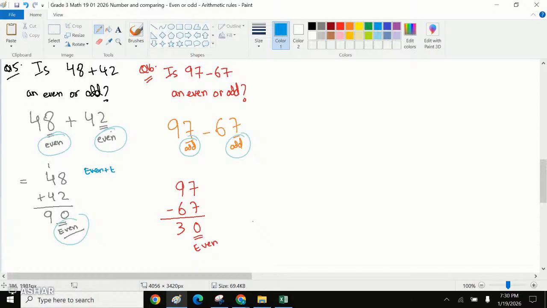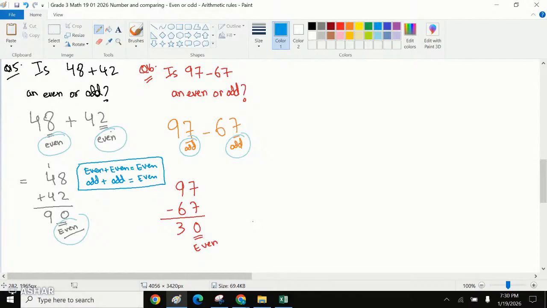even plus even would be even. Agreed? Odd plus or minus odd would again be even, right? So if both of them are the same, the result is even. Yes, thank you, May. Anything that ends with 0, 2, 4, 6, 8 is even.